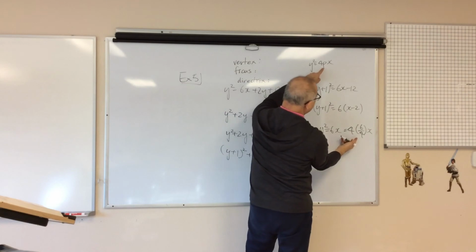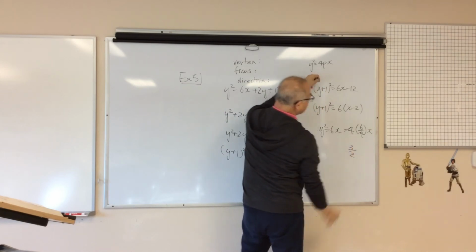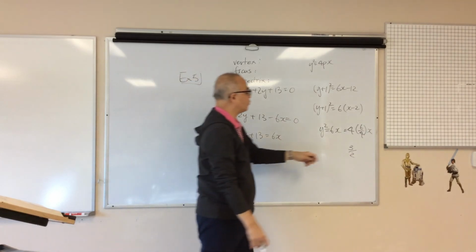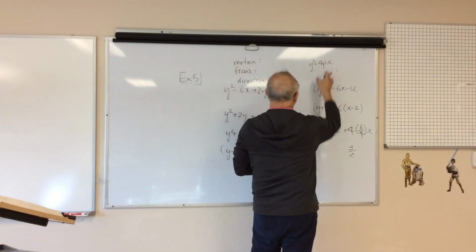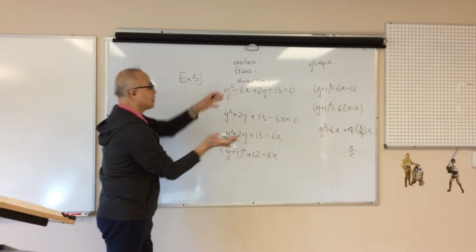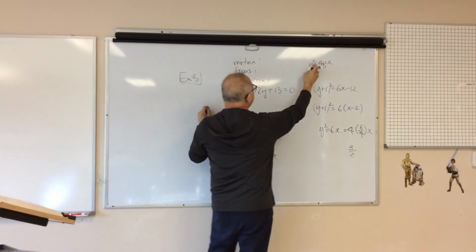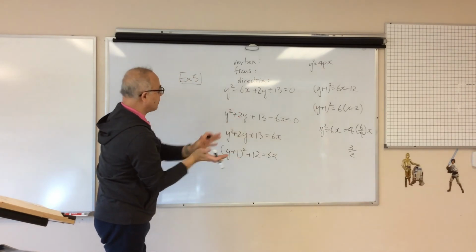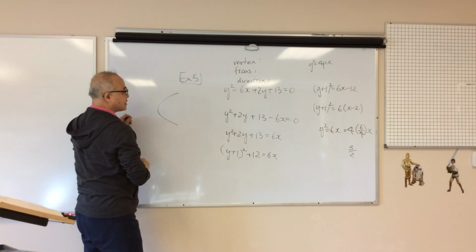So if you look at that, my p-value is going to be what? That's my p-value. Okay? Which means, first of all, which way am I going here? Am I opening up this way, or am I opening this way? Well, I have the y squared and the x is not, which means it's going to be opening this way. So your parabola is going to look like this.